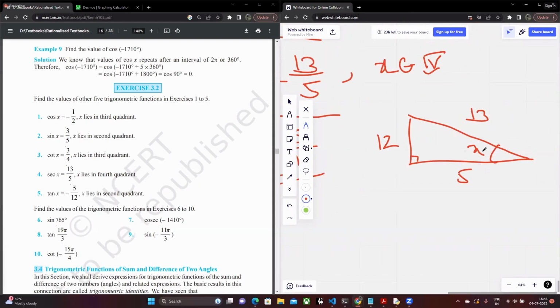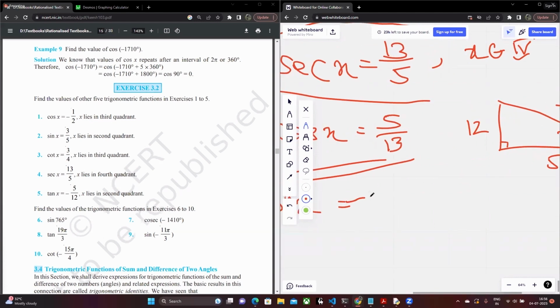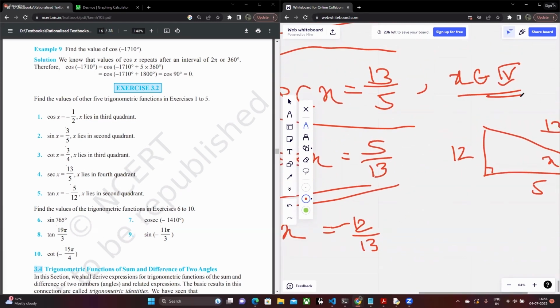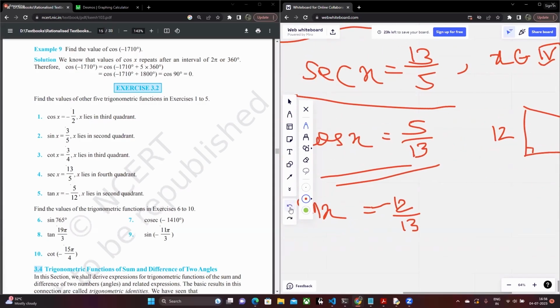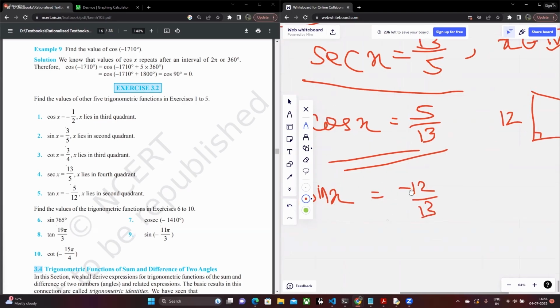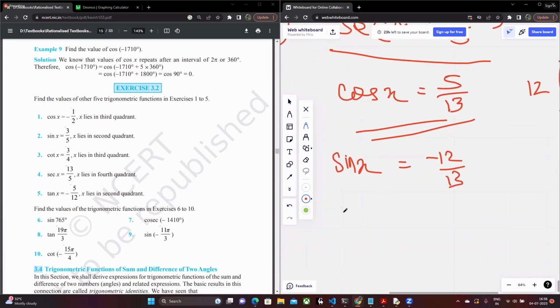Sin x is going to be minus 12 by 13 because x is in the fourth quadrant. So sin is negative, but the value it takes is the same as the value from the triangle: sin x is minus 12 by 13.